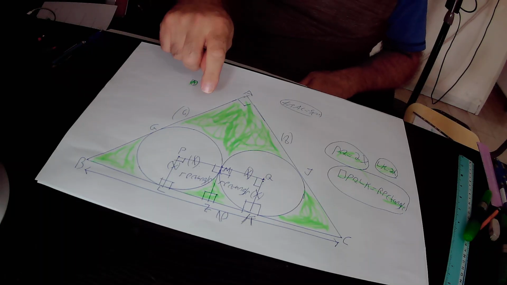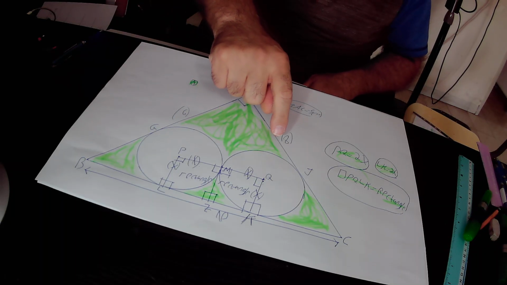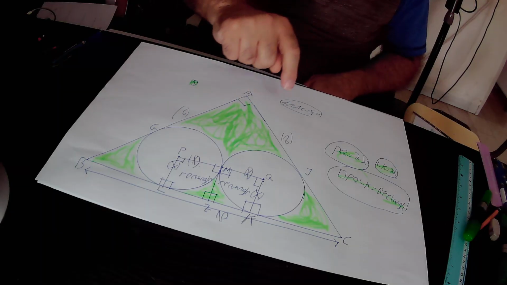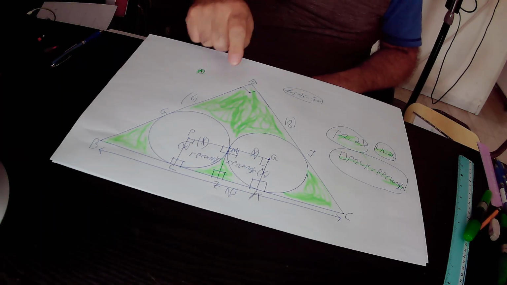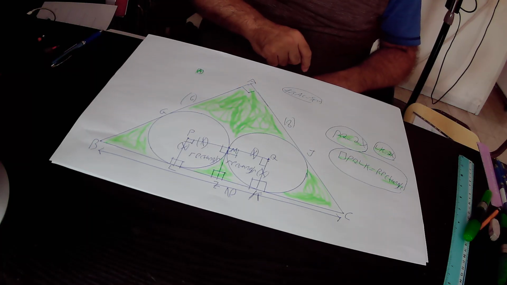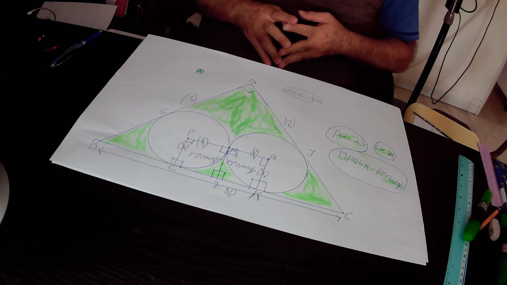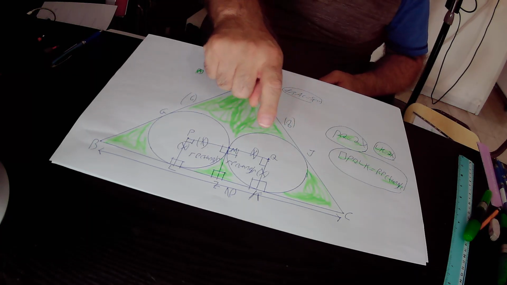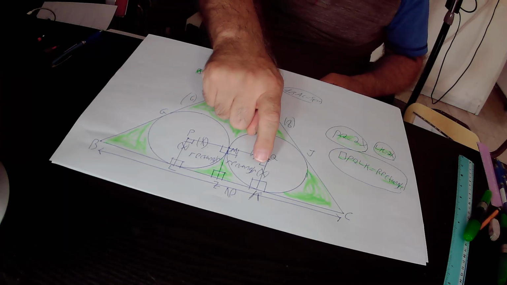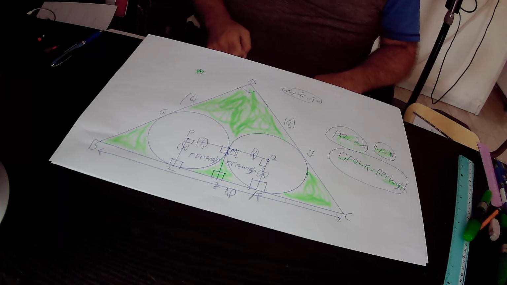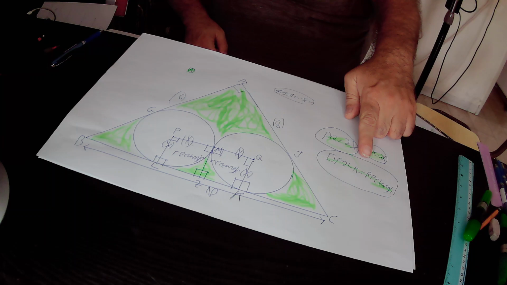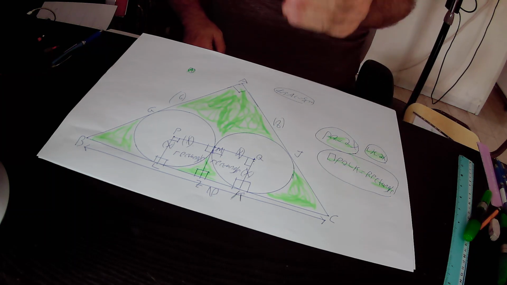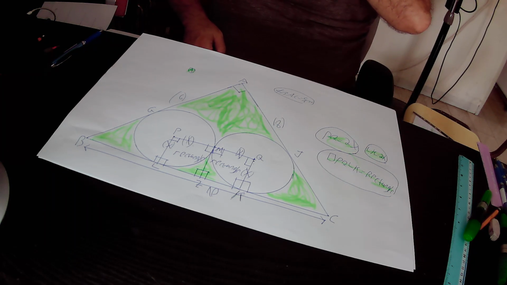So we have quadrilateral PQKL. Why is it a quadrilateral? Because PQ is a straight line. So in quadrilateral PQKL we have 1, 2, 3, 4 right angles, and therefore it is a rectangle. So the big quadrilateral PQKL is a rectangle because it has 4 right angles.